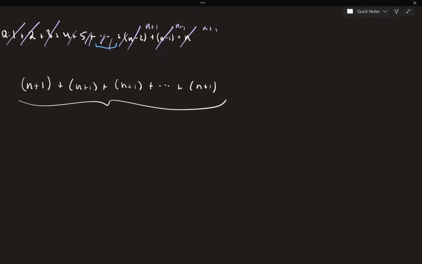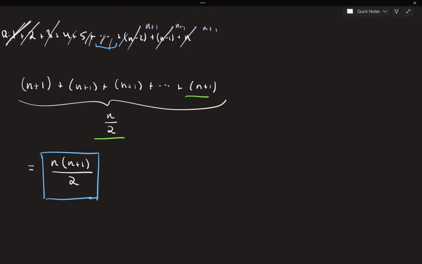So I have n over 2 of them. Now, this assumes n is even. If n is odd, the proof goes very much the same. You just take off the number 1, and it still works. So there's n times n plus 1 over 2, or n plus 1 times n over 2. And that's the formula.